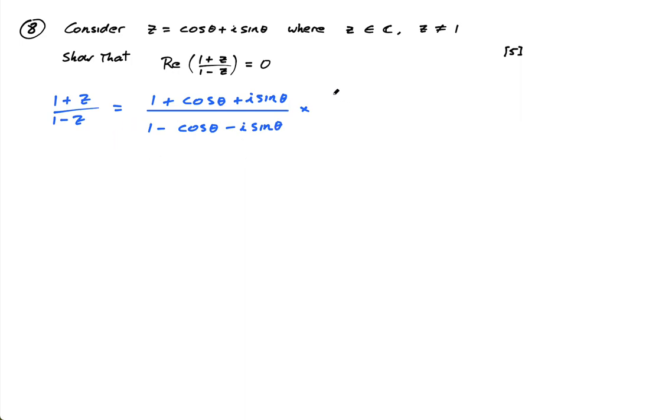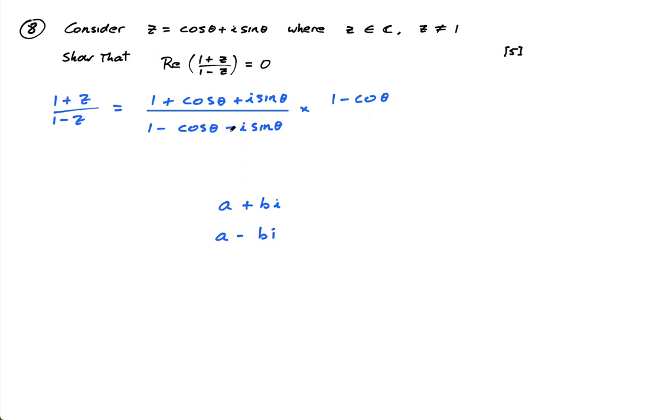Now the complex conjugate is, well, if the complex number is a plus bi, the complex conjugate is a minus bi. Here a is the real part and bi is the imaginary part. The real part of the denominator is 1 minus cos theta, so I'm going to multiply by 1 minus cos theta.